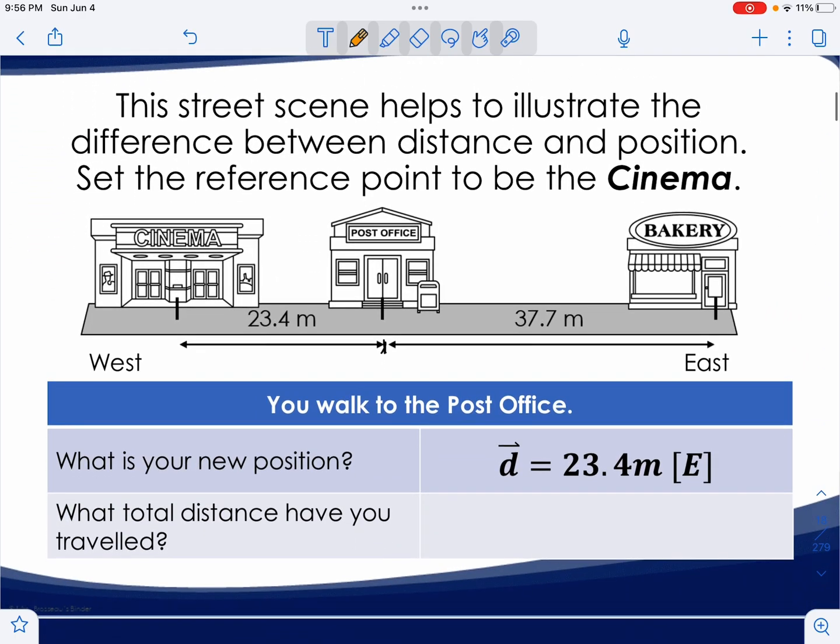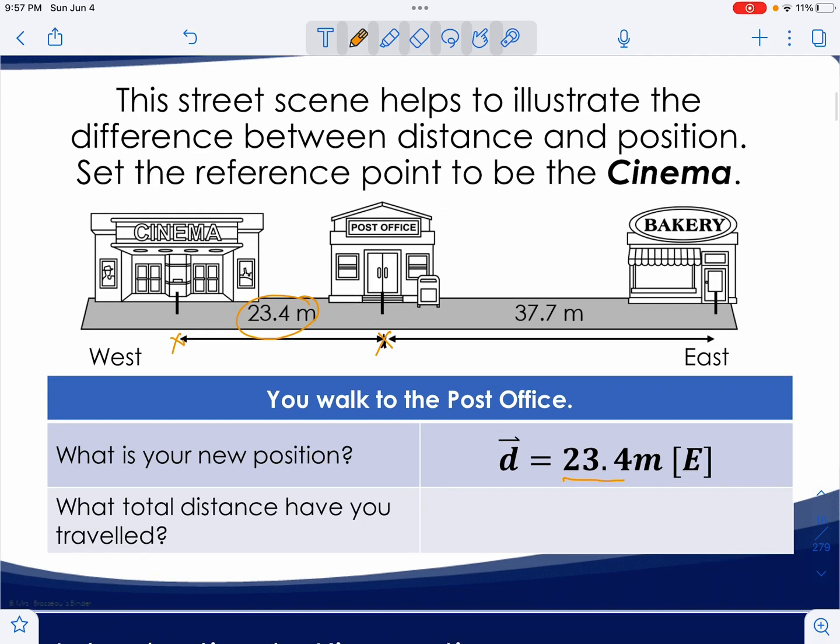All right. So our new position when we're here relative to here is 23.4 meters, right? That's our magnitude, 23.4. Our units is m for meters. And our direction is east. What total distance have you traveled?